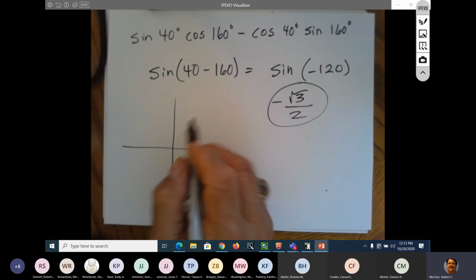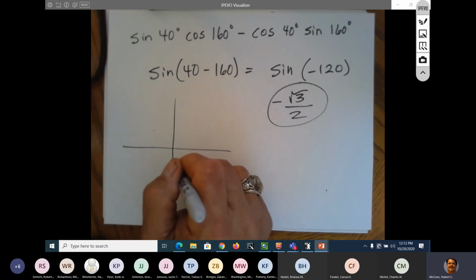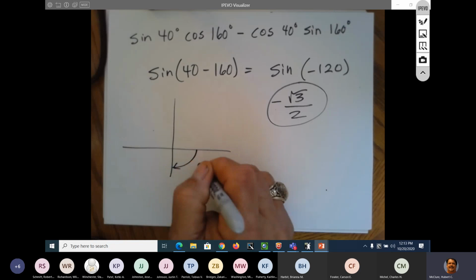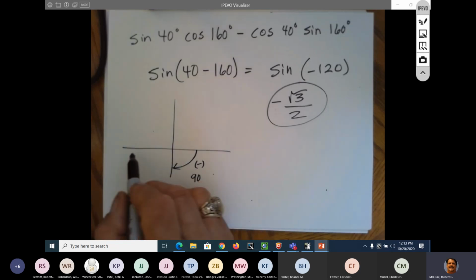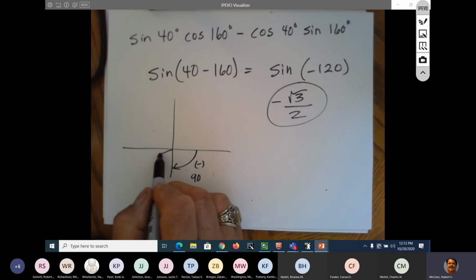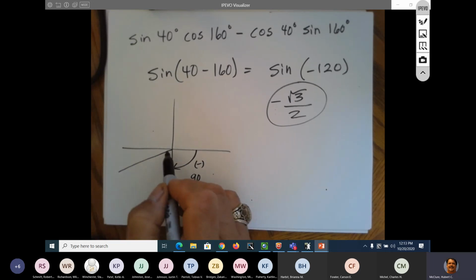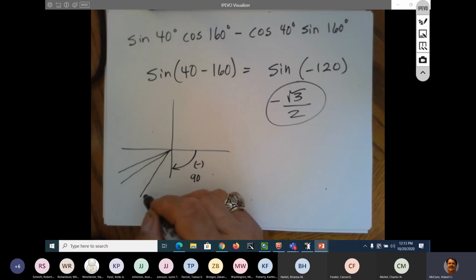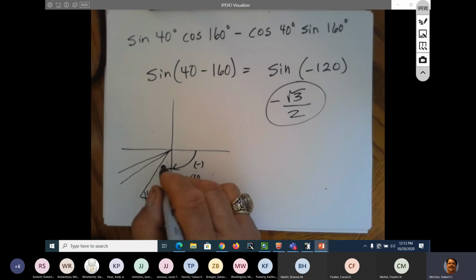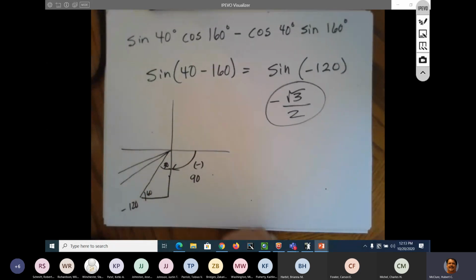Here's negative 90, because we're going in this direction, so it's negative. Then 30 degrees would be right here, and 45 degrees would be right here, and 60 would be right here. So there's your 30 right there, because this is 60. So that'd be negative 120 right there.